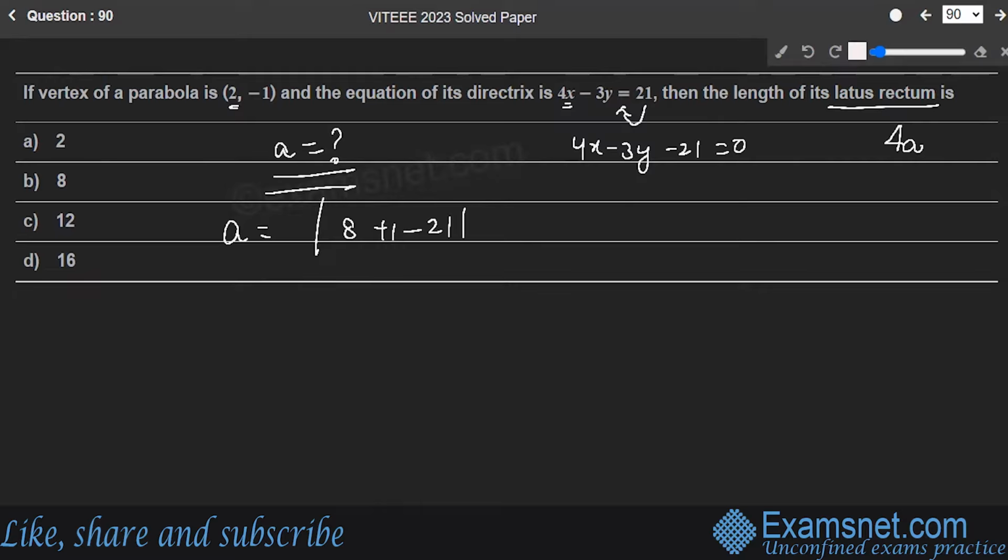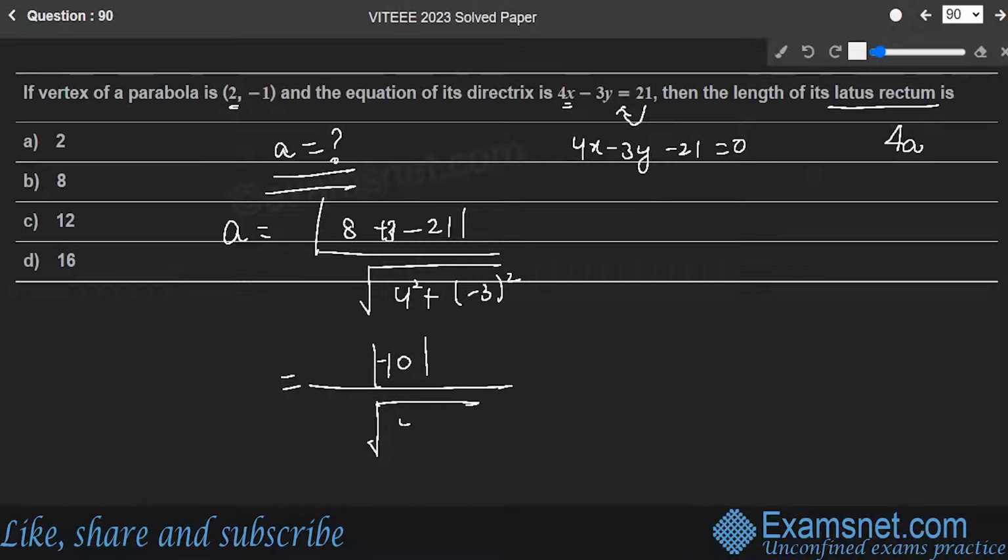So, minus 21 upon the root of 4 square plus minus 3 square. Over here, this is minus 3 into minus 1, this is 3. So this will give you mod of 10 minus 10 divided by the root of 16 plus 9, that is 25, so this is equal to 10 upon 5, that is equal to 2.